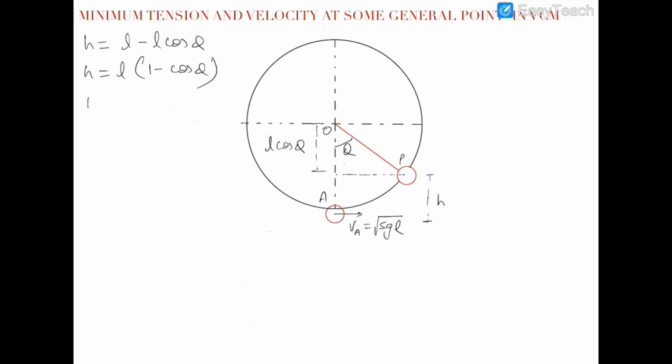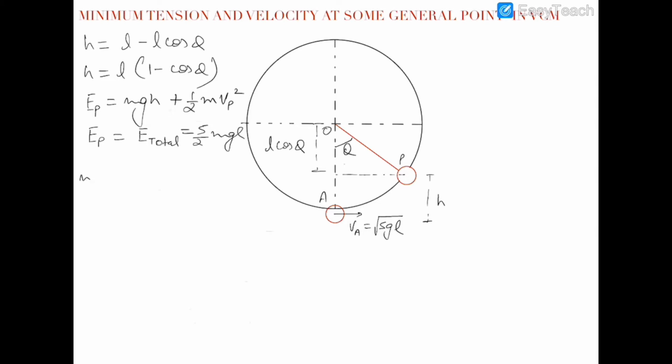Now the energy at point P will be both potential, which is mgh, plus kinetic, which is half m vp square, where vp is the minimum required velocity at point P for completing the vertical circle. This energy at P will also be equal to the total mechanical energy, because it is conserved in vertical circular motion as there is no air friction present. So it is equal to 5 by 2 mgL.